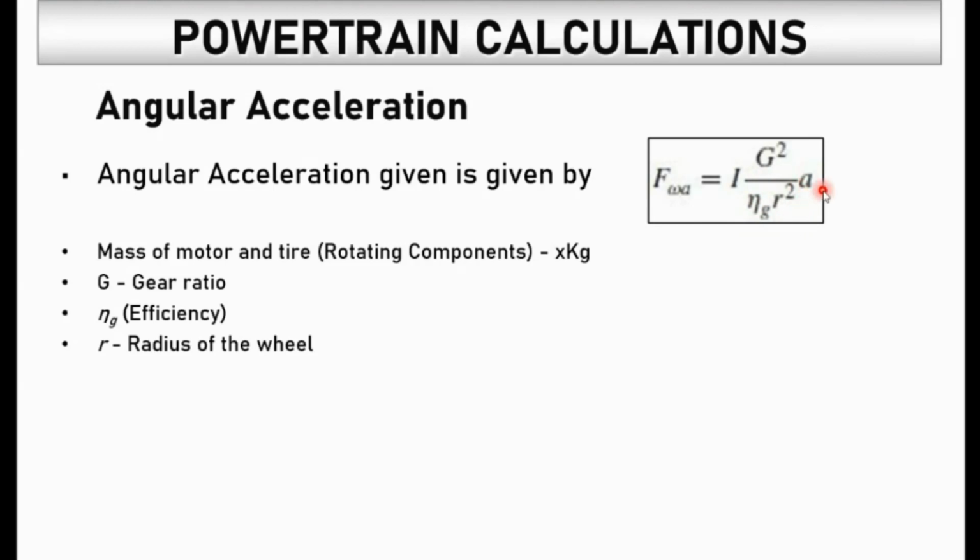But many times, in my experience with the OEM, we may not be able to get all the data, like the moment of inertia of your motor. The motor specification will not give us this information. So how do we manage this?